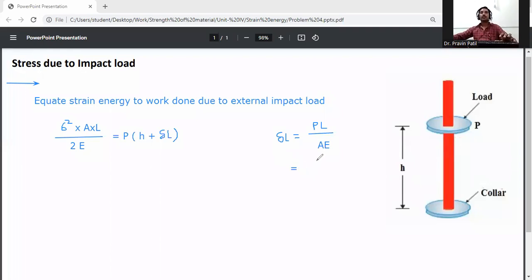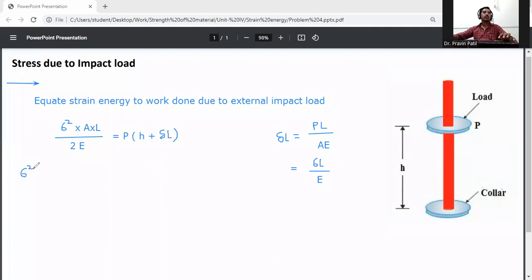Now in this equation we get sigma L divided by E. So now solve this equation.